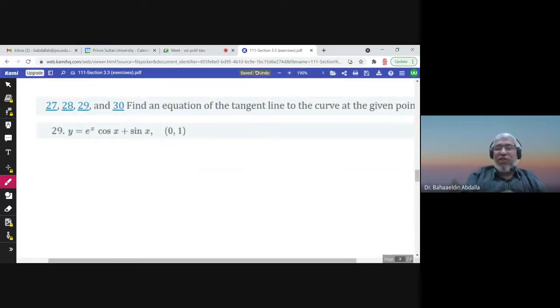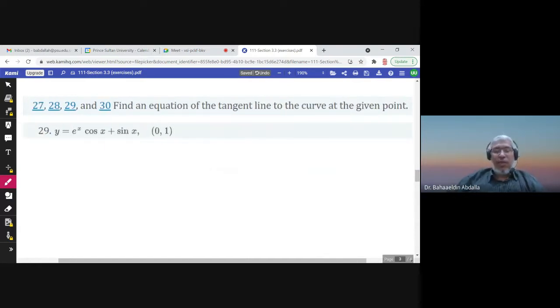Now find an equation of the tangent line to the curve at the given point. You remember the equation of the tangent line is y minus f of a, or y of a, because this is y, equals f prime of a times x minus a, where f of x here is y. So f of a is 1, a is 0, and I need just to find f prime of a.